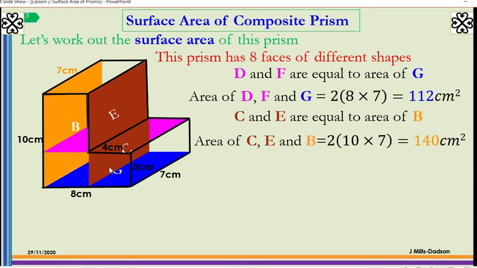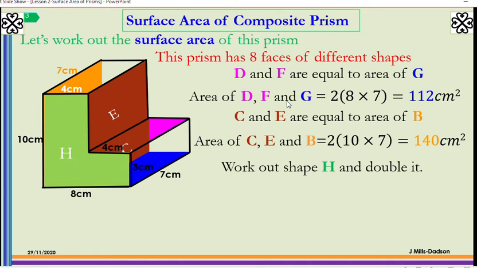This side, the L shape, one in front and one at the back. So for that one also, we need to work out H and we double it because there's one at the back. So we split the H into 2 rectangles. And remember, this side is 4 because 8 minus this 4 gives you this side. So this side, 4 times 10 is 40. 4 times 3 is 12.